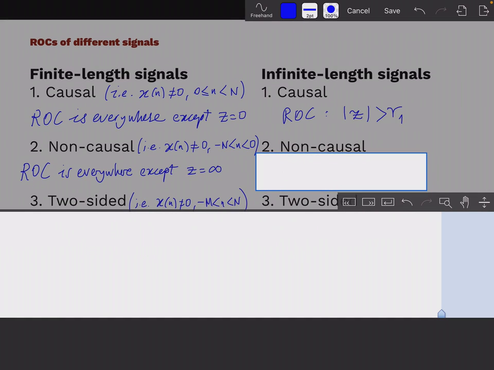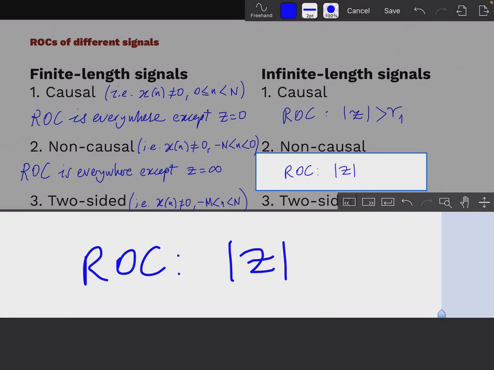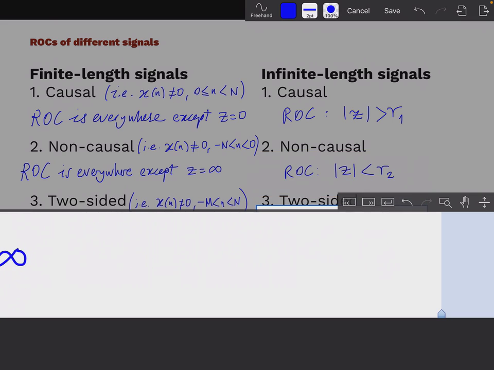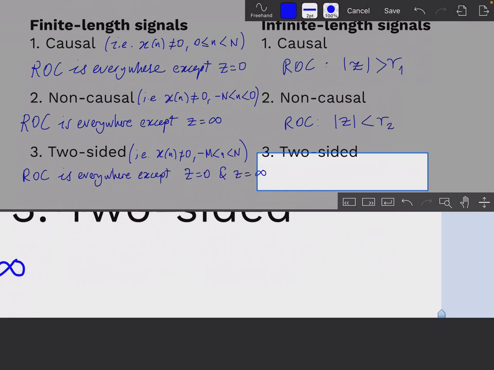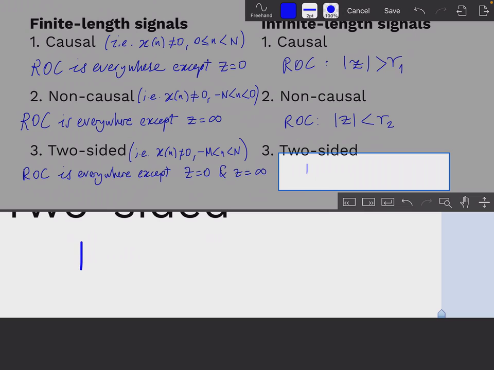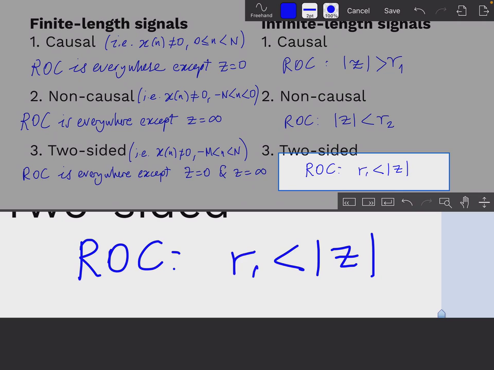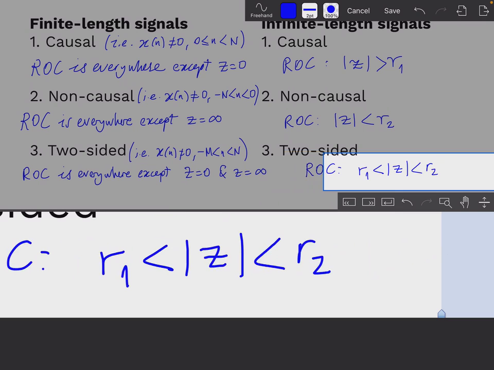And for a non-causal signal, the region of convergence is Z less than some R2. And for a two-sided signal, which is a combination of these two signals, the region of convergence is Z greater than R1 and less than R2. So this is the region of convergence for a two-sided infinite length signal.